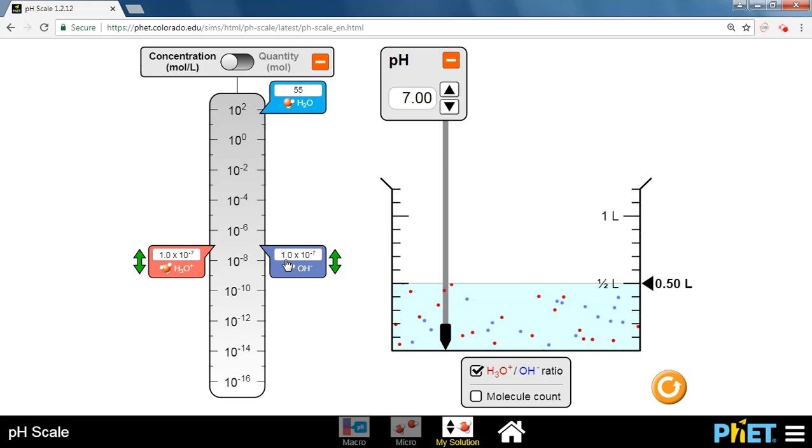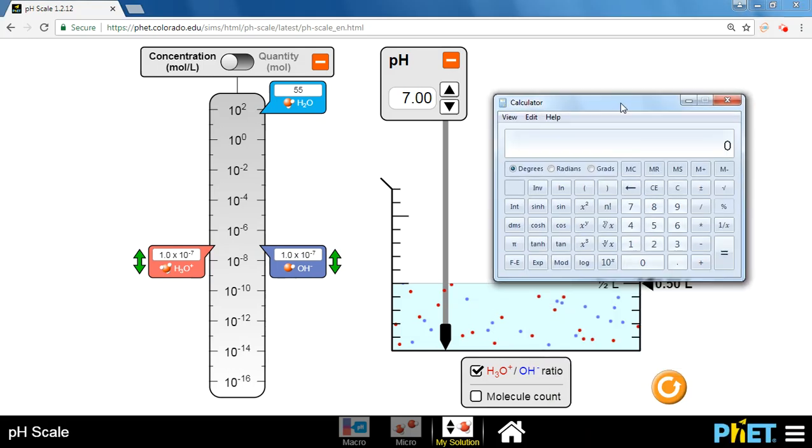for water, Kw. So if I have a neutral pH, then I have equal amounts of hydronium and hydroxide ions, and at 25 degrees the pH will be 7, and I will have 1.0 times 10 to the minus 7 hydronium ions, and the same for hydroxide ions.